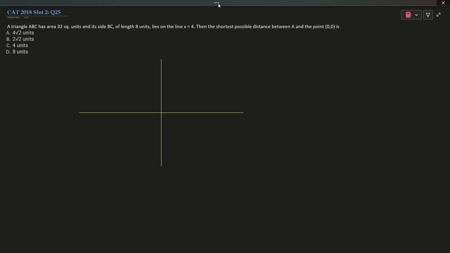Now we have the line x equal to 4. Let's say this is the line x equal to 4. Now BC lies on this line. Let's say these are the points B and C. Take any random points B and C such that the length of BC is equal to 8 units, and we have to form a triangle.